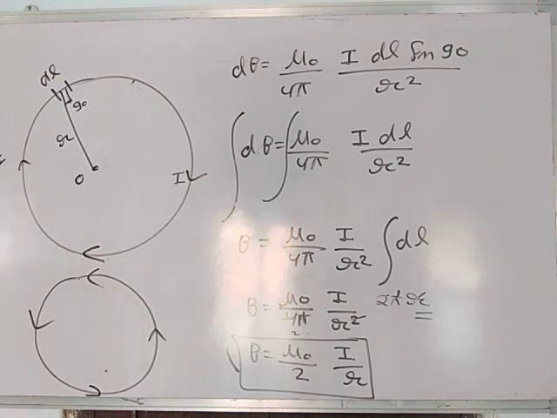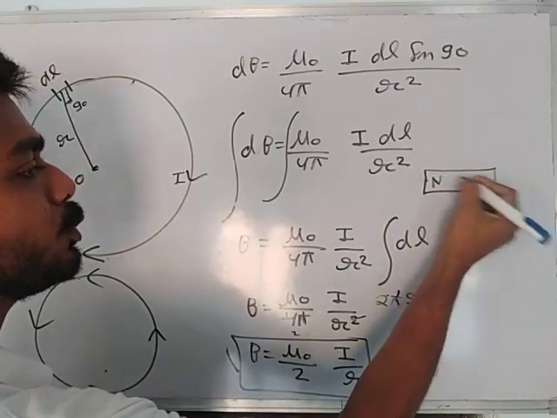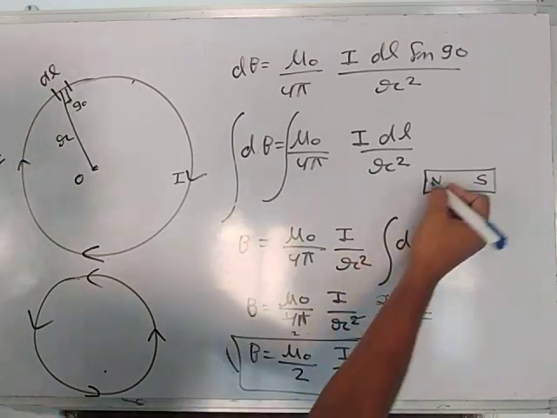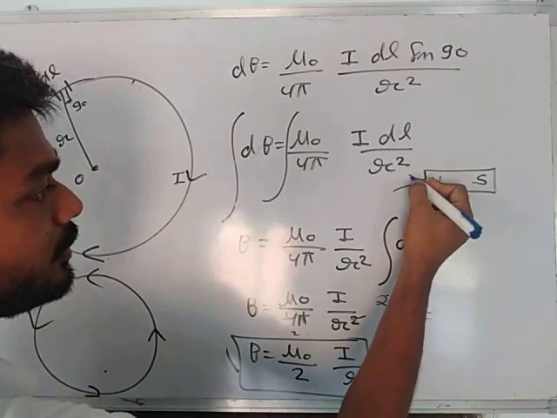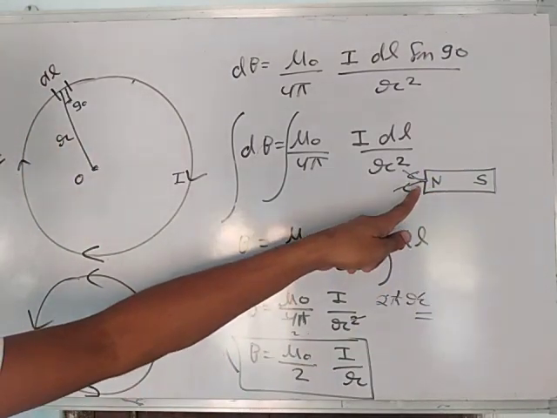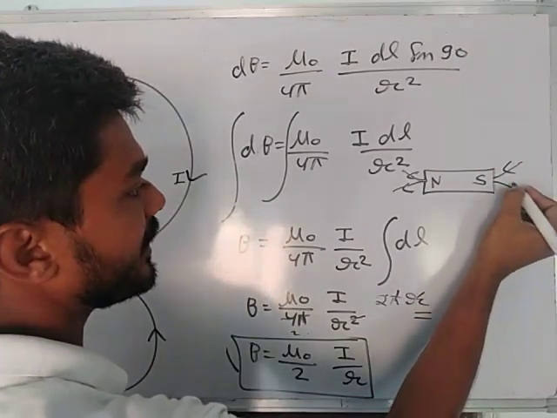One more thing, we have studied in class 10th that for a magnet there are two poles, north and south. From the north pole, the magnetic field lines are emerging out, and at the south pole they are entering.